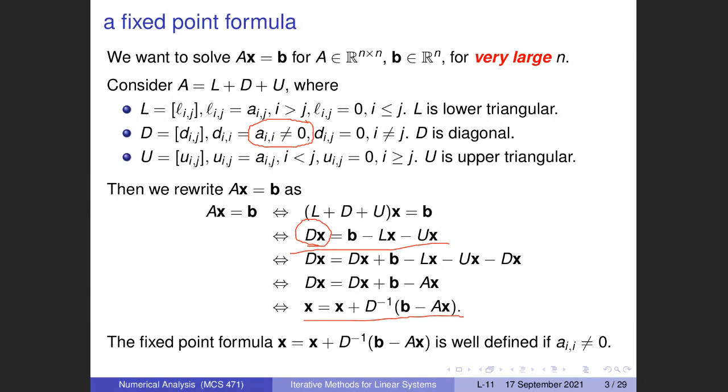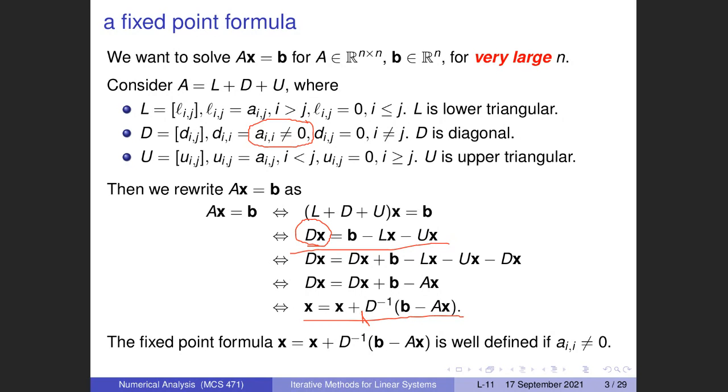And with this formulation, we have not only a fixed point formulation, but we can also write the next element. At the fixed point, we have that b minus Ax equals 0. So we actually have the update that we have to do.